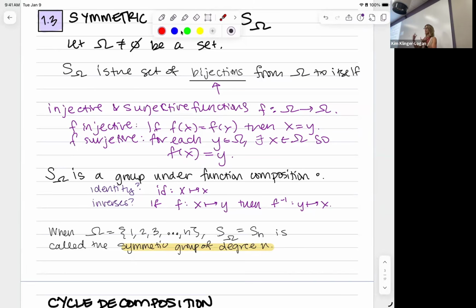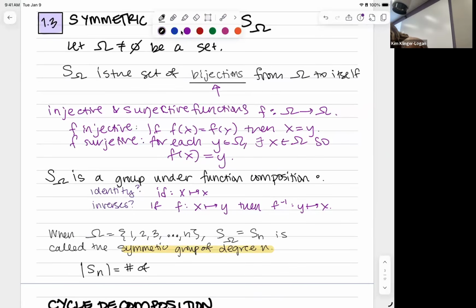The group is a set of permutations, and the order of the group is the number of elements in that group. So in fact, if I want to know, what is the order of Sn? This is the number of permutations of n elements. And this we can even sketch out.